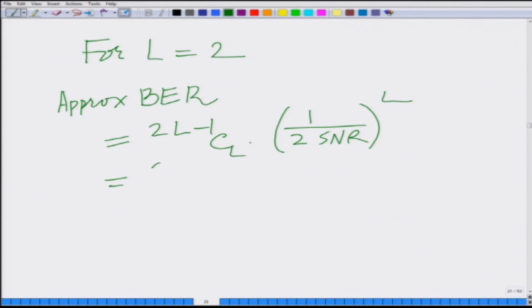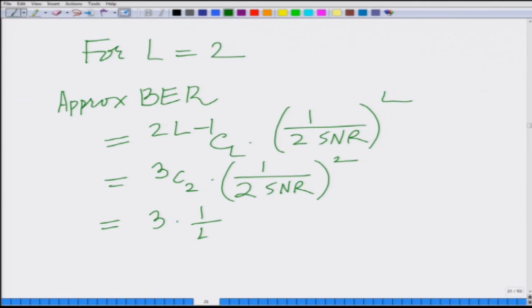So, 2L minus 1 is 3, choose 2, (1 over twice SNR) raised to the power of 2, and 3 choose 2 equals 3 times 1 over 2 squared, 4, times 1 over SNR squared, which is basically 3 over 4 times 1 over SNR squared.